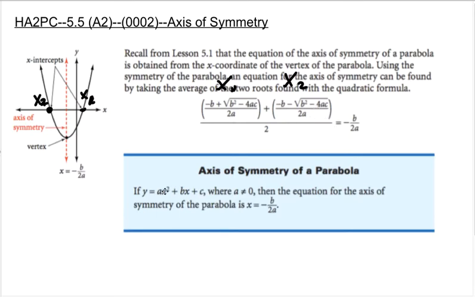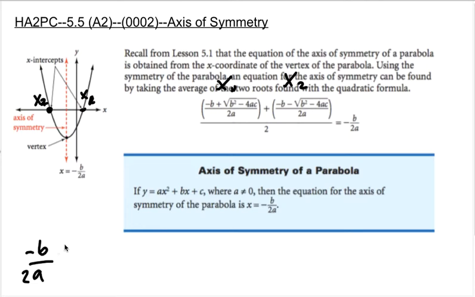So let's look at what happens if I write those out. If we split this into two fractions, the negative b is over 2a, right?